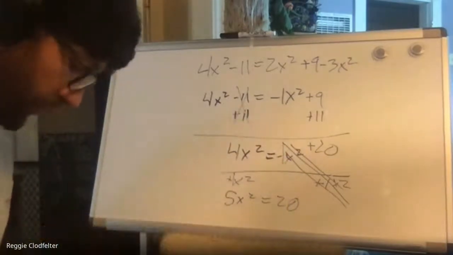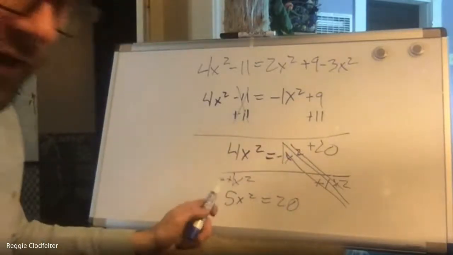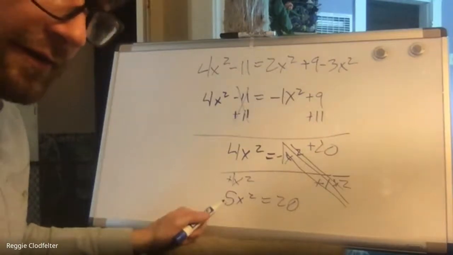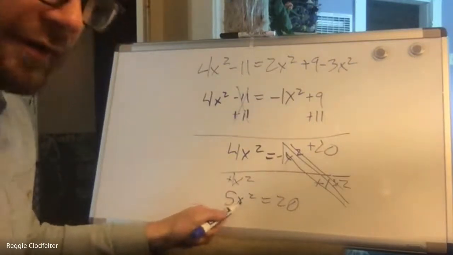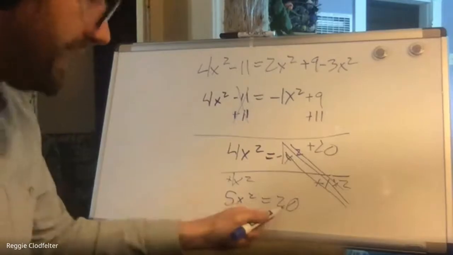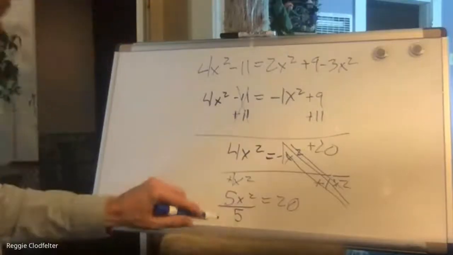First, remember what we do here, Oliver? We have a number times x, in this case x squared, equals another number. You have to divide the number by itself and then divide the other number by the number. So what am I going to divide by? 5. 5, exactly.